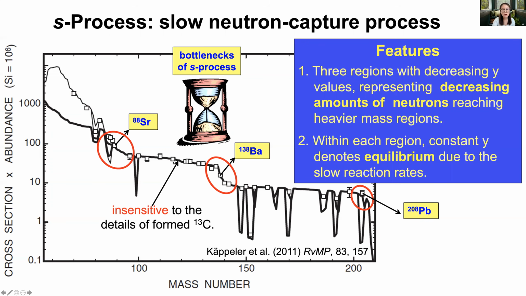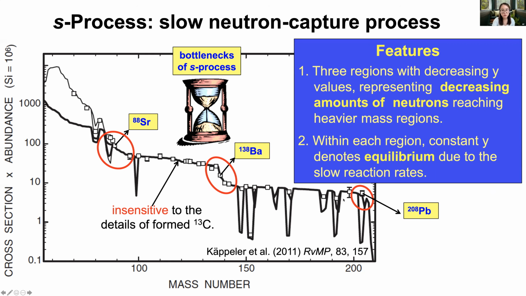However, because the neutron capture cross sections of strontium-88, barium-138, and lead-208 are an order of magnitude smaller than the cross sections of their adjacent nuclides, equilibrium cannot be established at these 3 points, and as a result, neutrons accumulate at these 3 bottlenecks, resulting in decreased amounts of neutrons flowing into the next region.